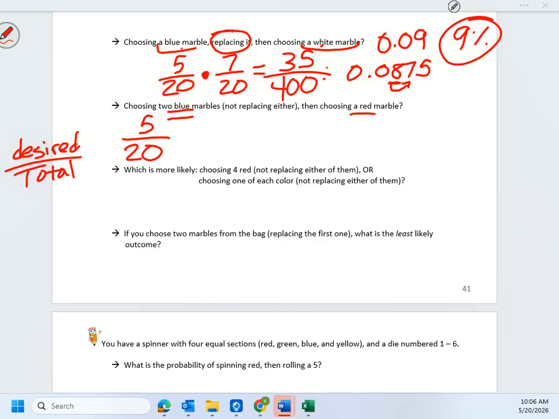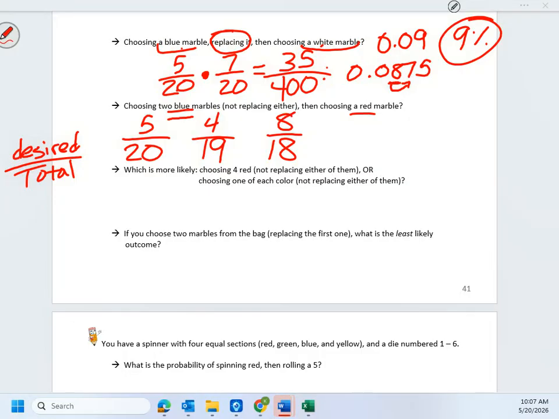If I had 5, I take one out, how many are left in the bag, Moses? 4. And that blue marble that I took out makes it go from 20 down to 19. I don't replace it, so my next one is only gonna have 18 in it, but this time I wanna choose a red marble.